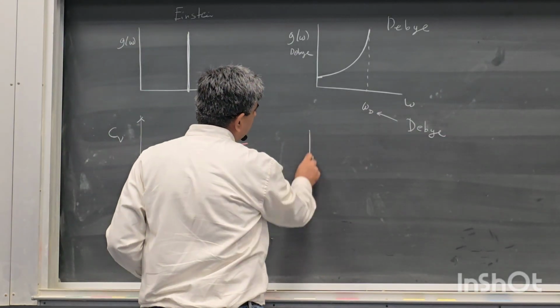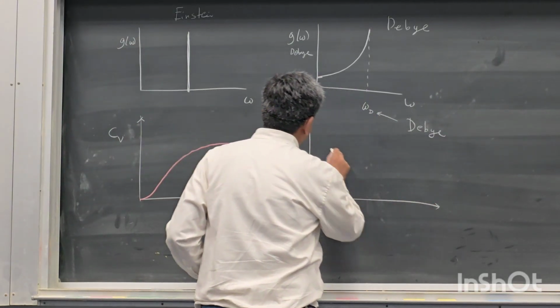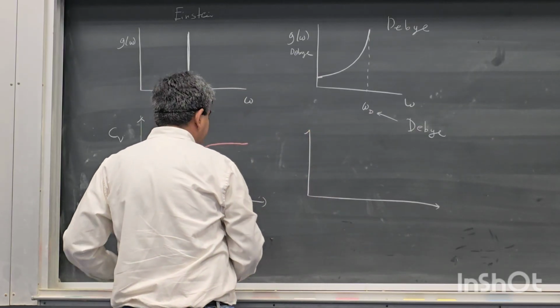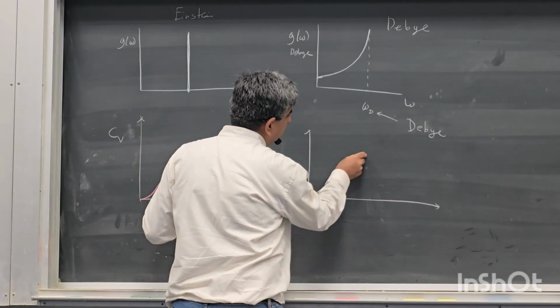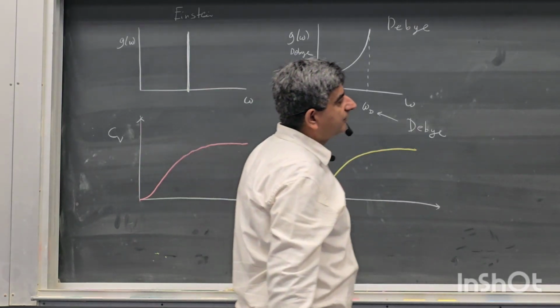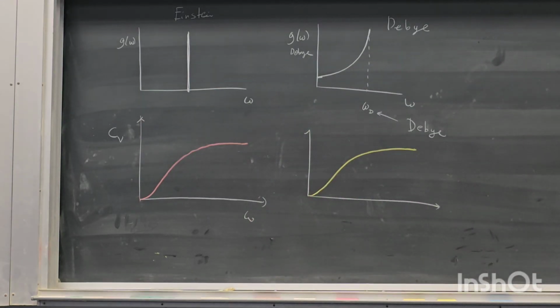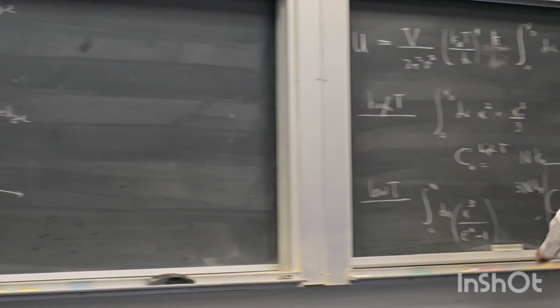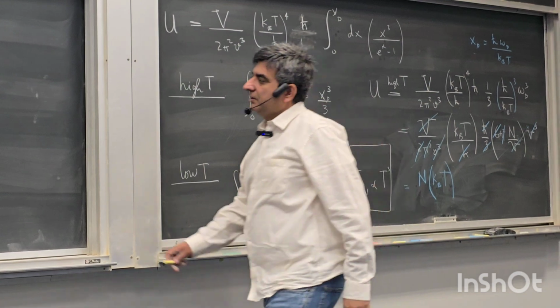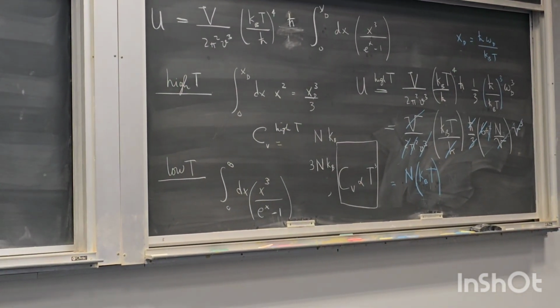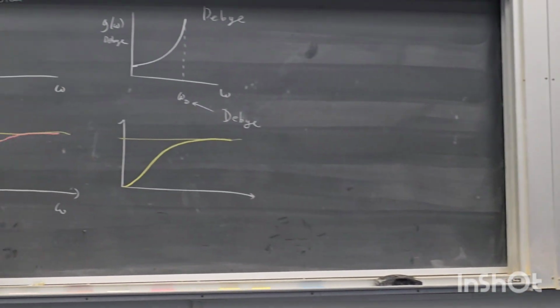You get a curve which is again extremely similar to the Einstein curve with slight variations, and that curve is given by the temperature derivative of this energy relationship. In the high temperature regime, both of these values match.